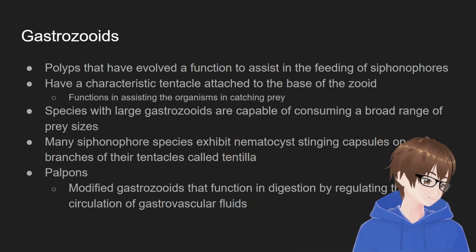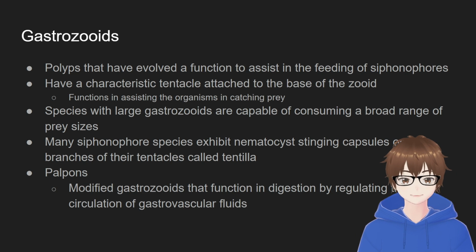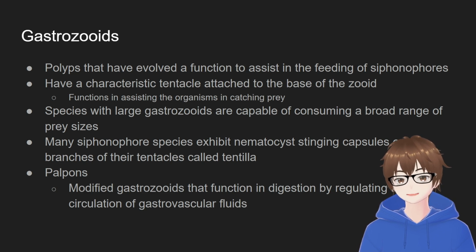Then we have the Gastro Zoids, which are for eating and feeding. They are polyps that evolve a function to assist in the feeding of siphonophores. They have a characteristic tentacle attached to the base of the zooid, and this function is assisting an organism to catch prey.